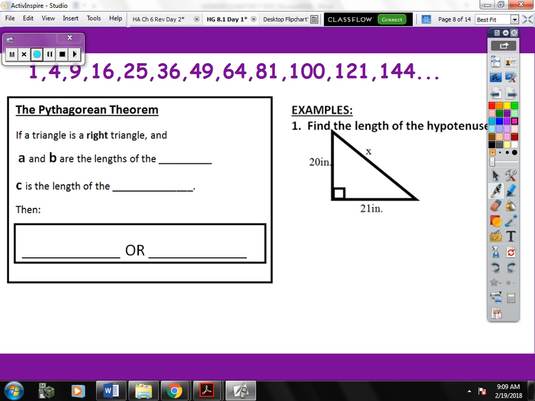Alright, so the Pythagorean theorem specifically states, again, this only works for a right triangle. It cannot be just any triangle, it has to be a right triangle. If you have a right triangle and A and B are the lengths of the legs, and C is the length of the hypotenuse, then A squared plus B squared will have to equal C squared.